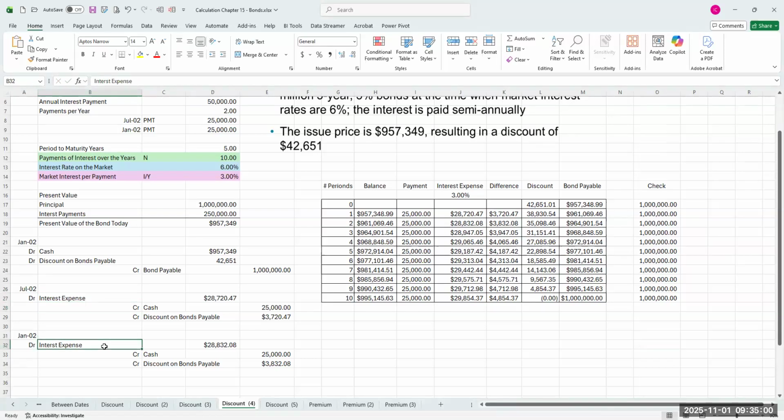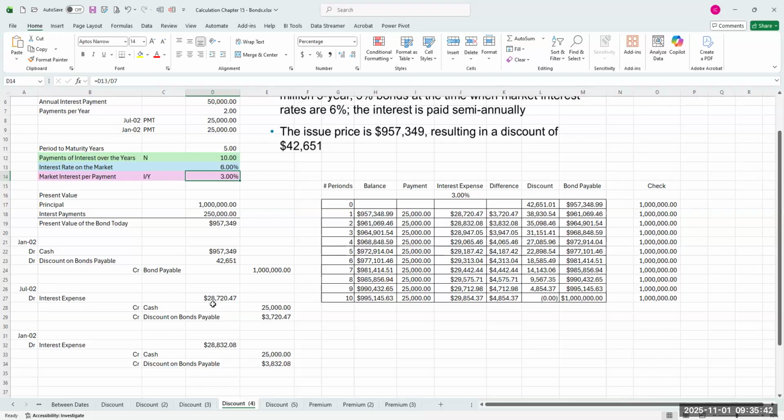Our interest expense will be equal to the outstanding amount of the bonds, or 957,439, times the 3%, which represents the effective interest rate, because that was the amount outstanding from January 2nd to July 2nd. On that amount, we owe interest. How much interest? 3% for the half year.